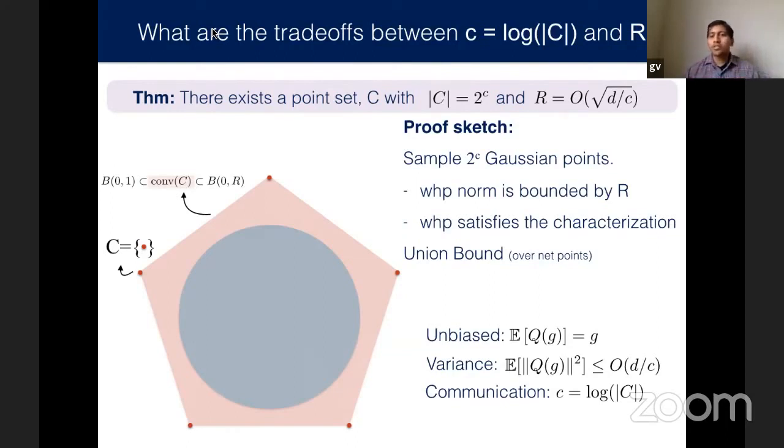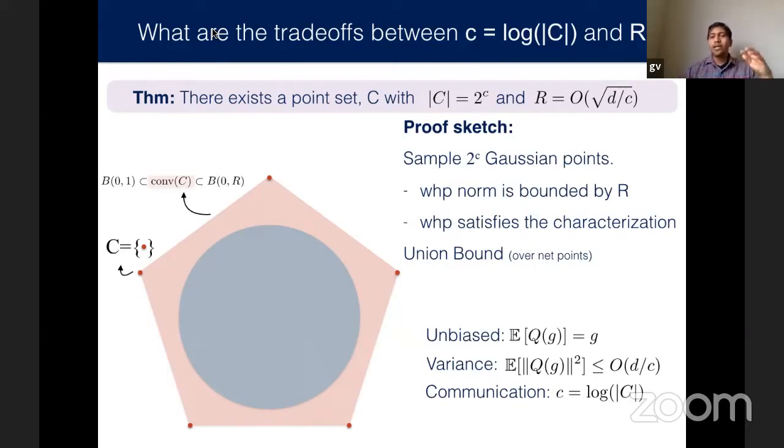And the variance is chosen such that with high probability, the norm of each of these points is bounded by R, which is about d over c. Now to show that the convex hull of this point set, the one with 2 to the c Gaussian points, will contain the unit ball, we show that the characterization is satisfied. Essentially, we show that if you pick any point on the unit sphere, there will exist one point within this chosen point set that has large inner product.